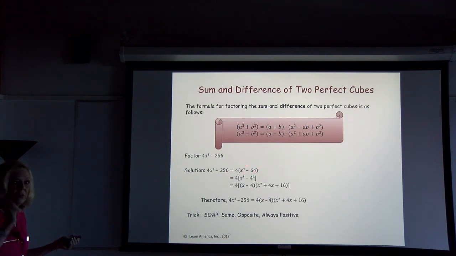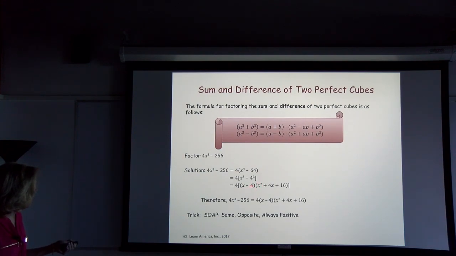Well, I think 64 is a perfect cube. I'm going to rewrite that as 4 to the 3rd power. So now I have the 4. I have the difference of two perfect cubes. One factor will obviously be the x, the minus, and the 4. Then I'm going to take the first term and square it.